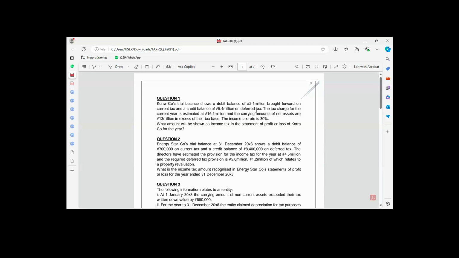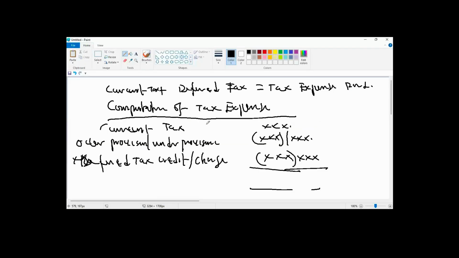I mean, send the assignment. The same way, what is the current tax in that question? For the year, I said the current tax estimated here is 16.2. The trial balance shows a debit balance of 2.1 brought forward on the current tax for last year.